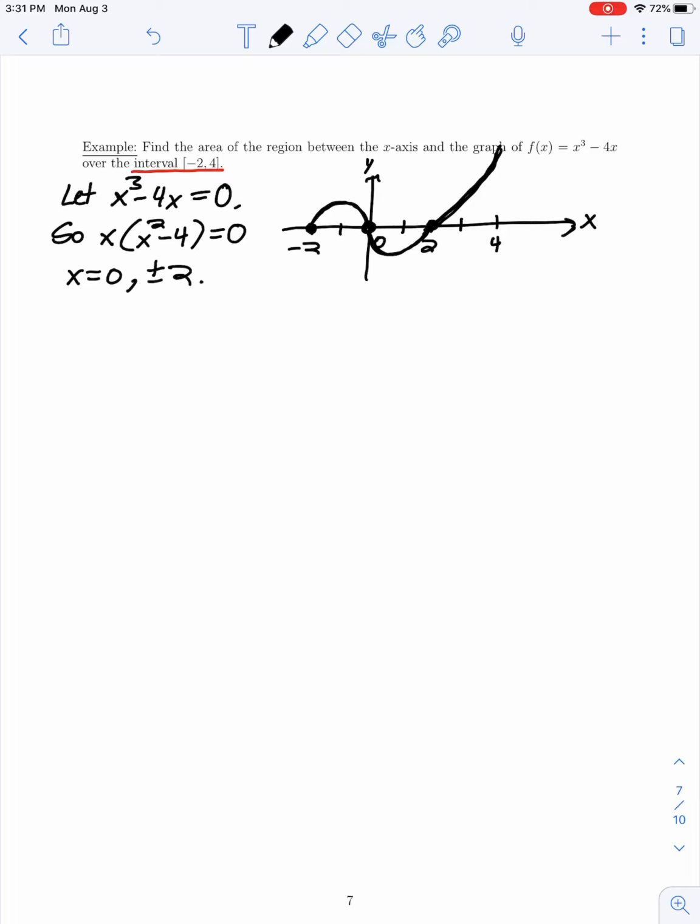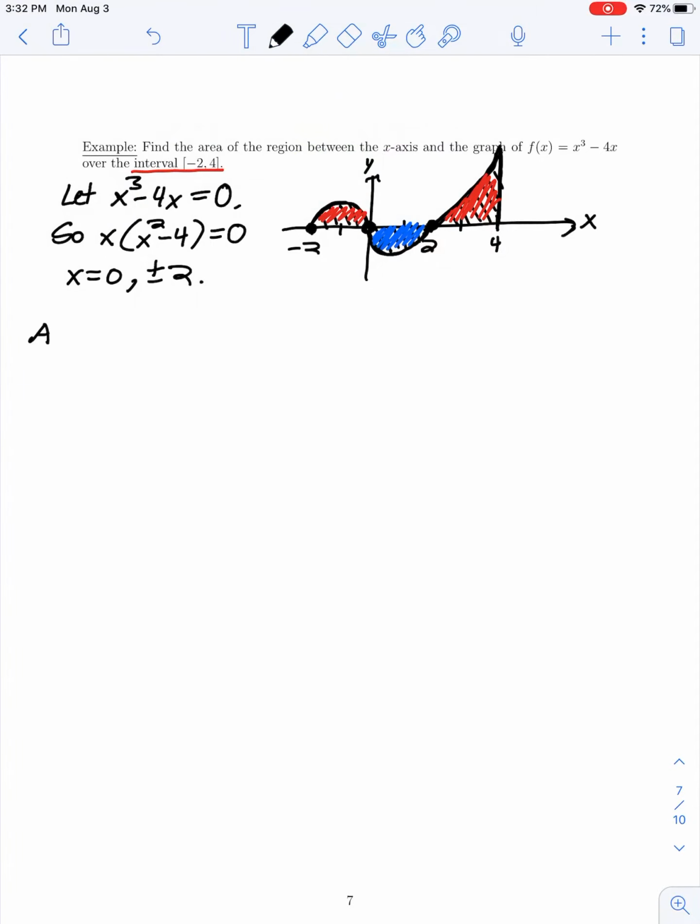So the region that I'm interested in is the region bounded by the x-axis in this curve on the interval from -2 up through +4. So I have the shaded region shown here, at least a rough sketch. Now, in order to compute our area, well, we see there are two portions where our curve lies above the x-axis, and one part of our region where the area lies below the x-axis.